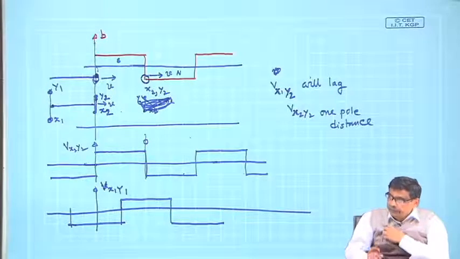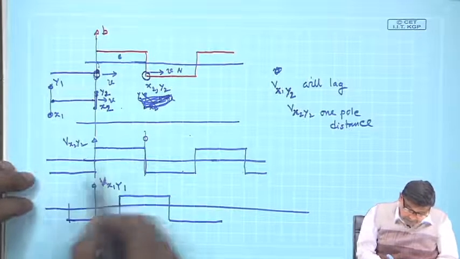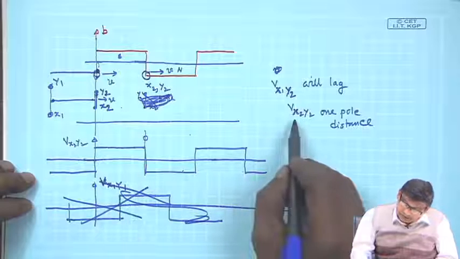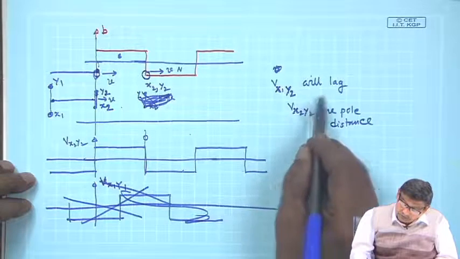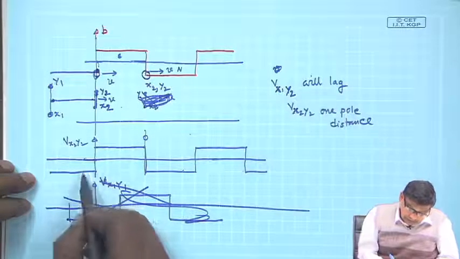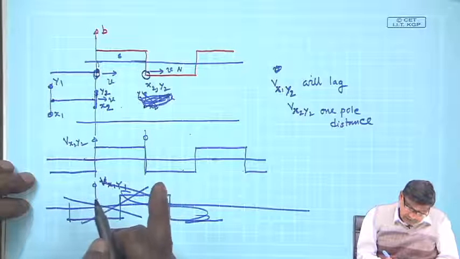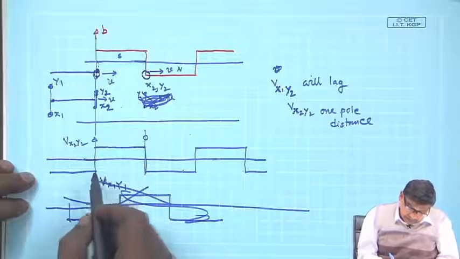Is it? No, something is wrong. So, V x 1 x 2 will... V x 1 y 2 will lag this one by 180 degrees.